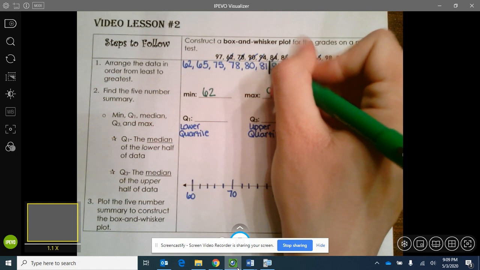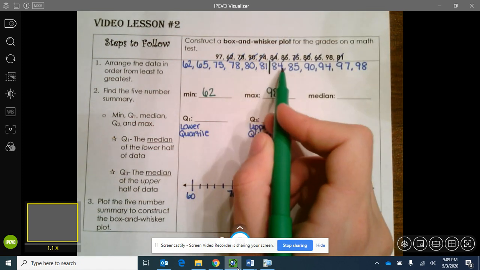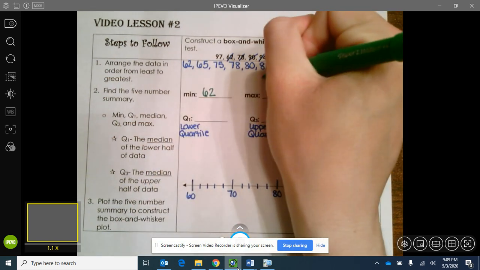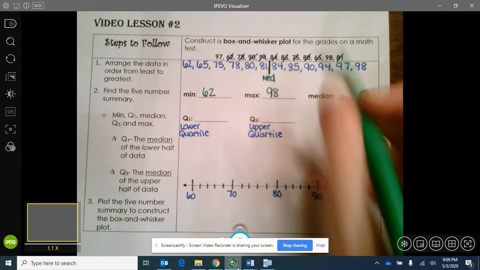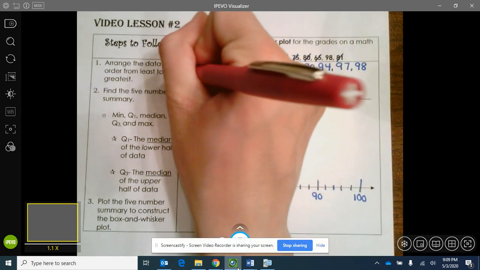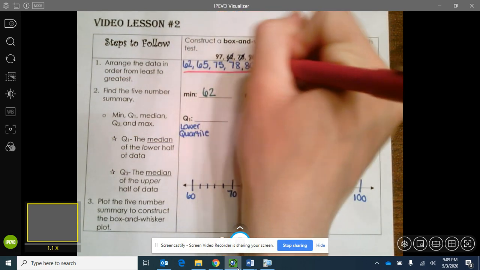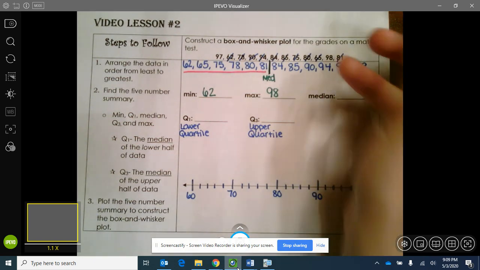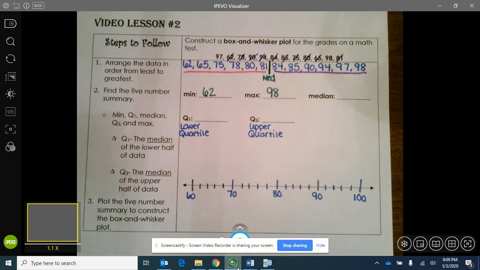The reason why my median is right between 81 and 84 is because if this is my dividing line, I have 6 numbers below this line, so that's the lower half of my data, 1, 2, 3, 4, 5, 6. And then I also have 6 numbers above this line, which is the upper half of my data.